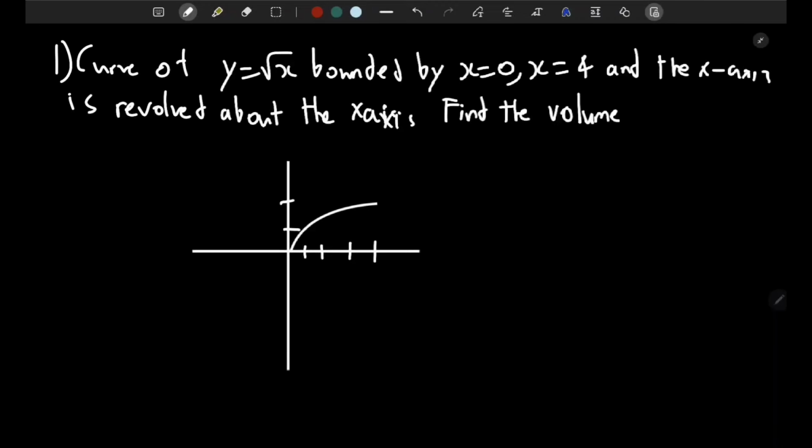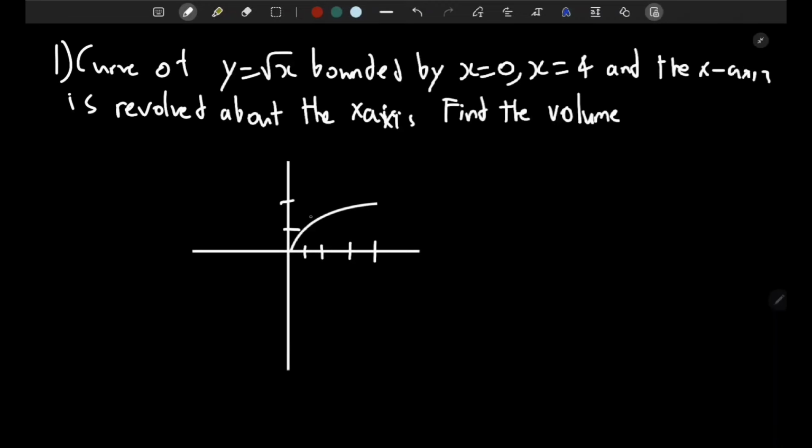Since when we put x as 4, you're supposed to get y as 2, since the radical of 4 is 2, and 1 is supposed to be 1. So this should be matching with this, but that does not really matter. We want to visualize this. Now this curve is equal to radical x, and now we draw the line x equals 4, which is just a vertical line over here.